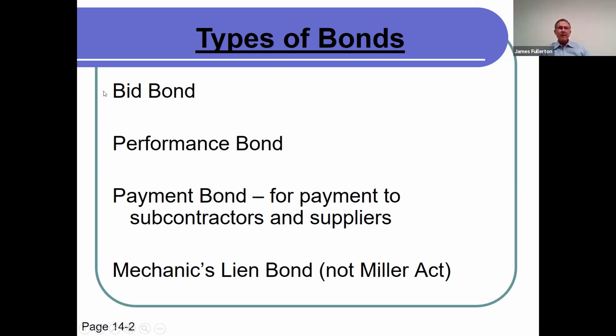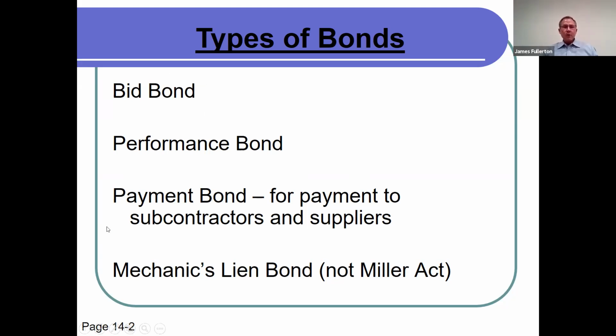A bid bond also only helps the owner. That's an insurance policy that says if this general contractor bids on the project, but then goes out of business or fails to actually sign a contract, and the owner has to reprocure, and the project becomes more expensive, the bonding company will pay that additional premium.